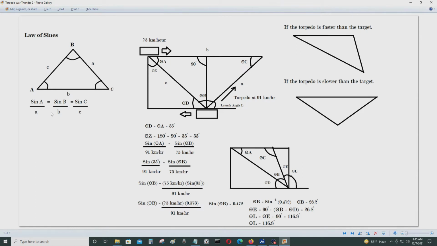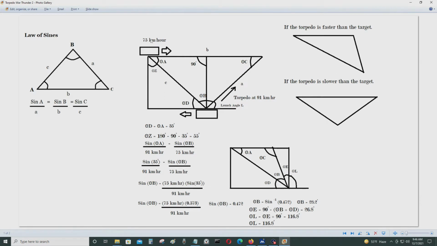So we use the law of sines to solve for it. We know what theta A is, and theta A corresponds to the torpedo speed. So theta A is divided by 91 kilometers an hour, and we're trying to solve for theta B here, so we could find the launch angle.